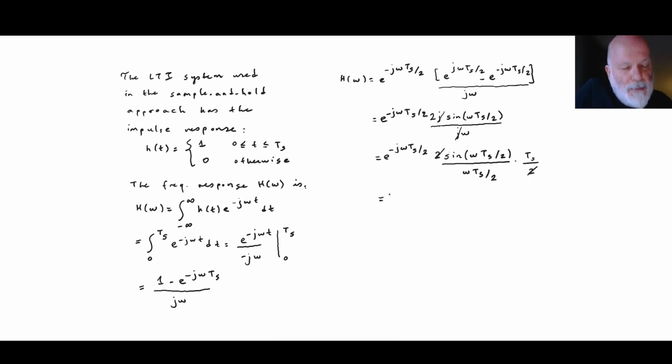So we have Ts e to the minus j omega Ts over 2 sine of omega Ts over 2 divided by omega Ts over 2.